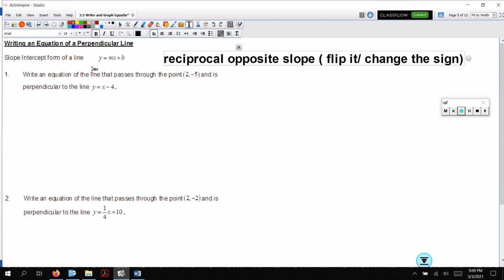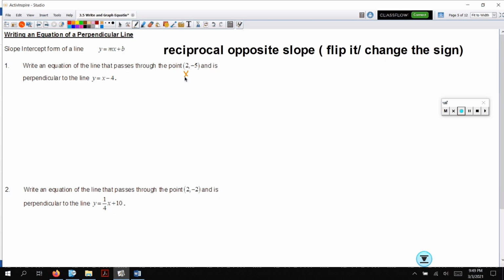All right. So we're going to write an equation of a line that passes through this point. So we're still going to use that as our x and y. And is perpendicular to the slope. This slope is 1. Well, 1 over 1. If I flip it upside down, it's still going to be 1 over 1, but I need to change the sign. That makes it -1.